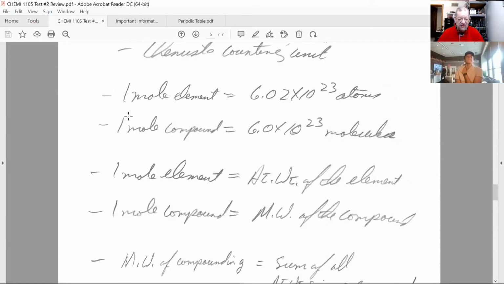You would be using Avogadro's number for these first 2, atoms or molecules. And don't forget to use your good friend, unit analysis.